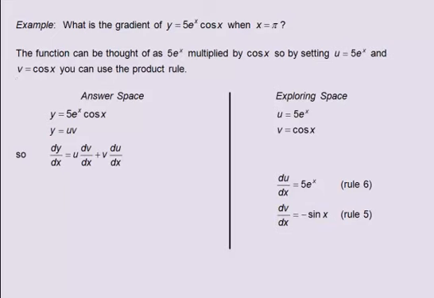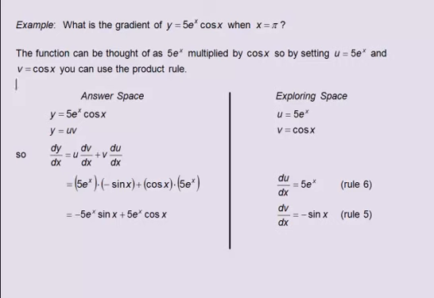Substituting into the product rule, dy by dx equals 5e to the x, which is u, multiplied by minus sin x, which is dv by dx, plus cos x, which is v, multiplied by 5e to the x, which is du by dx.